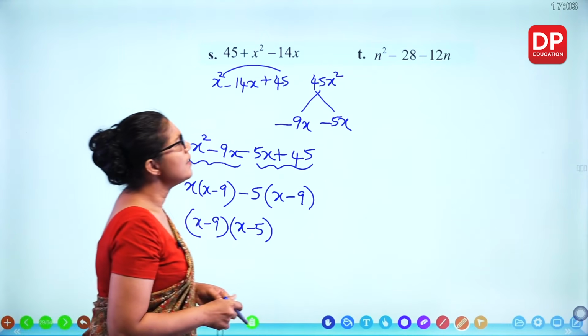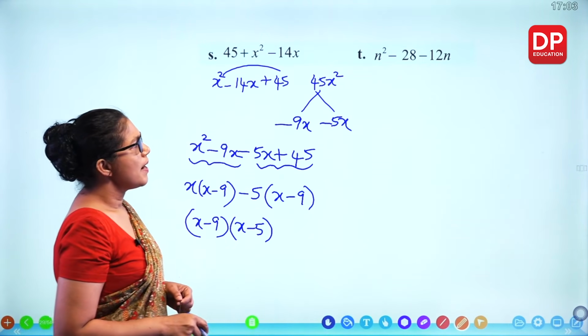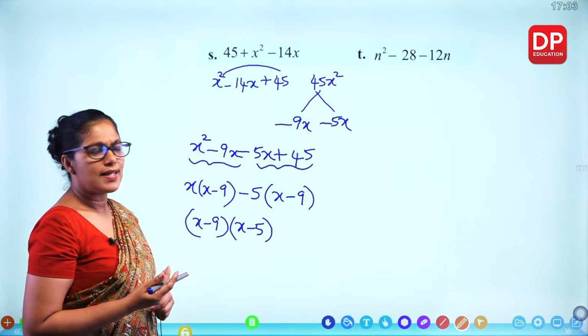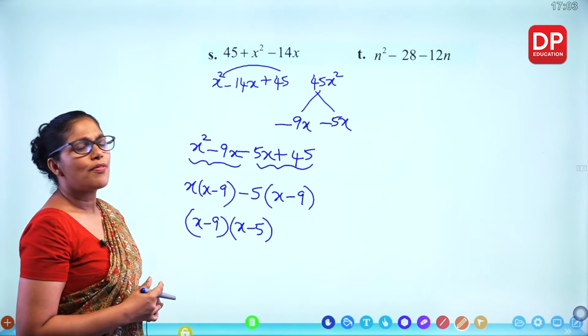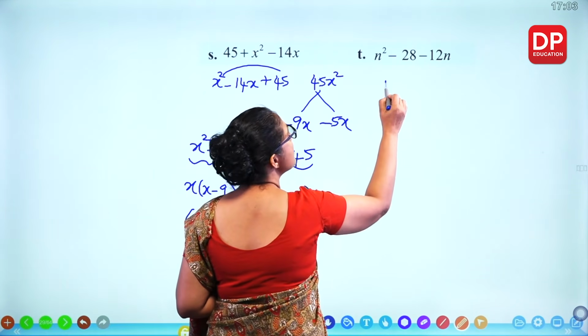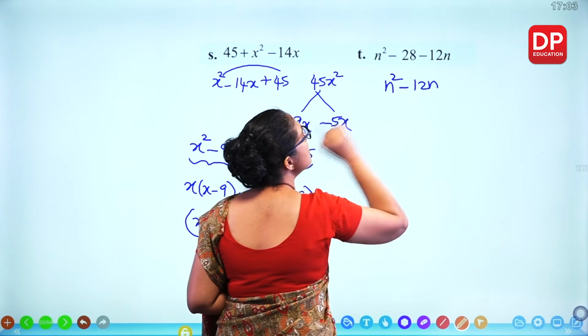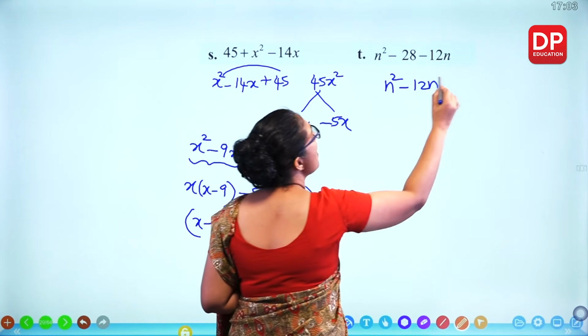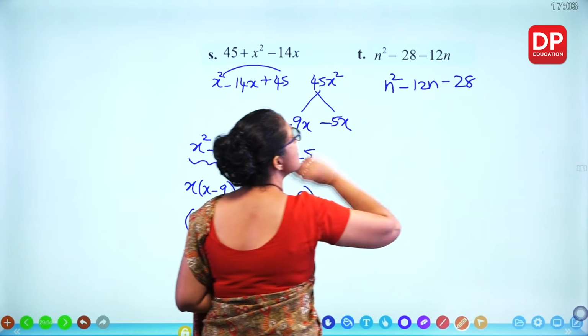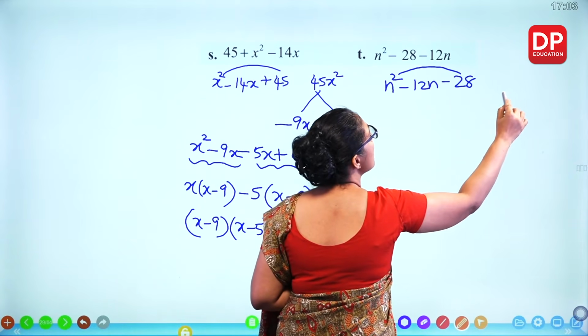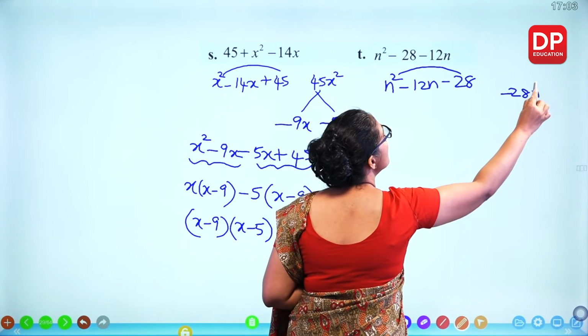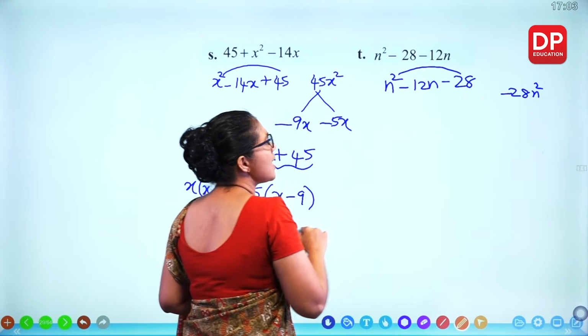Now the last one, n squared minus 28 minus 12n. Again, the order is not the same, so we have to rearrange. So first the square term, the n term and the constant. Now what are the factors of minus 28 n squared?